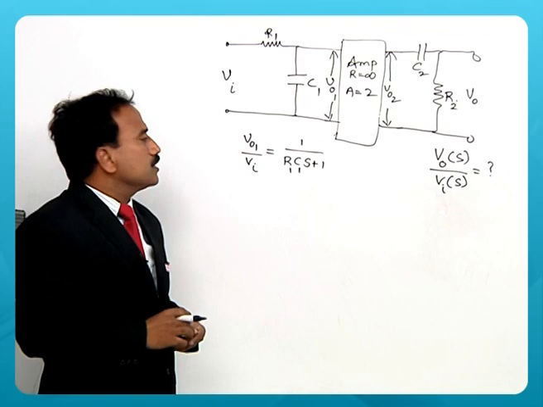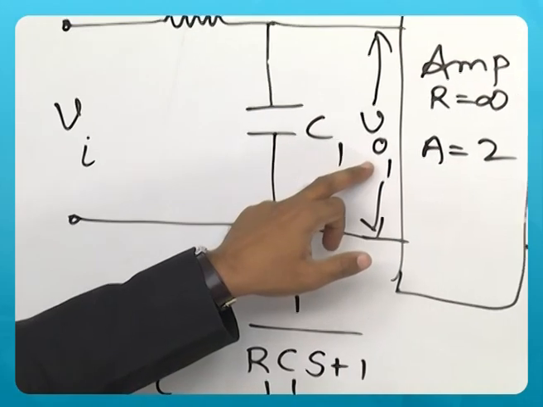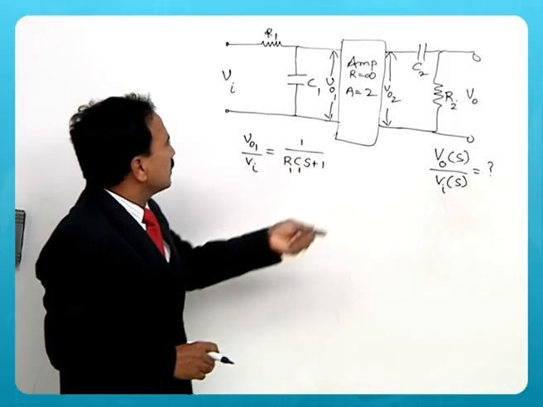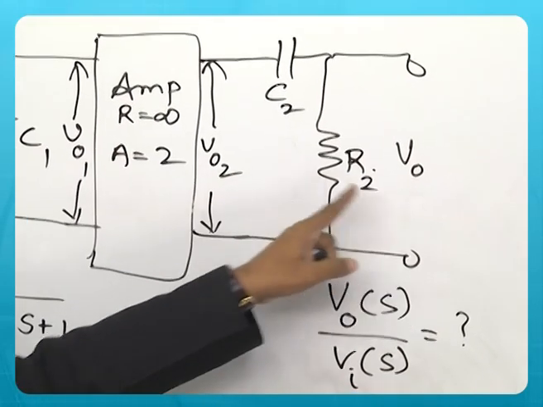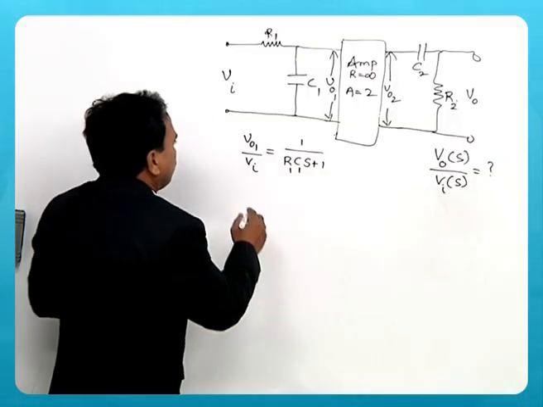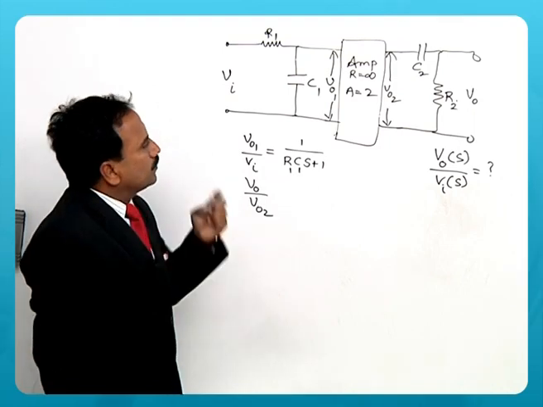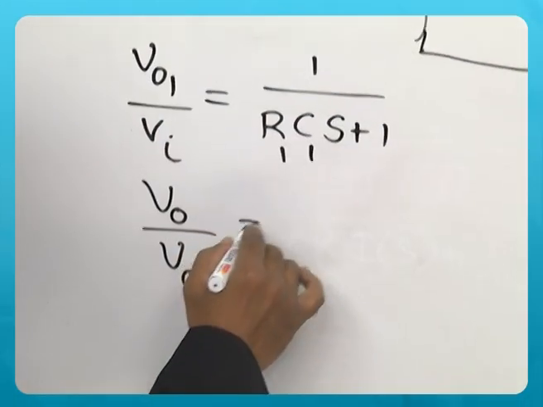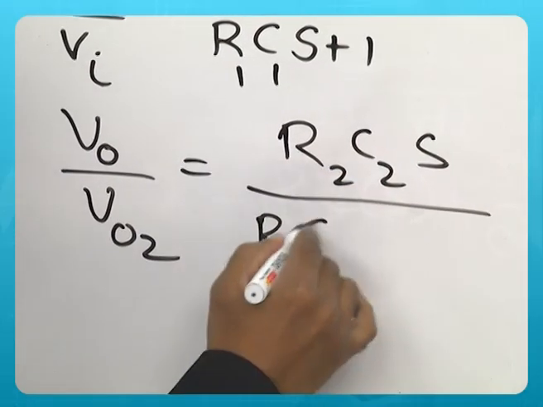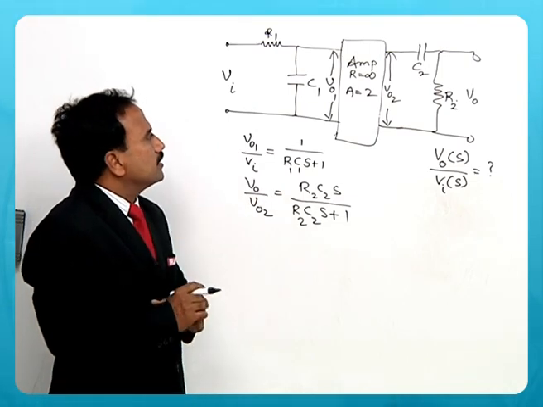We have seen in the previous problem that the transfer function of this RC network with this as output voltage, this as input voltage, you get this. Next, you can find out the transfer function of this CR circuit in terms of V0 by V02. So here you get R2 C2 S by R2 C2 S plus 1 for that CR circuit.